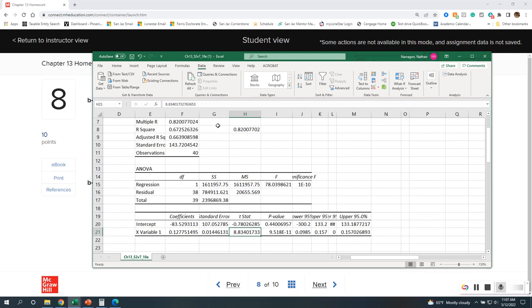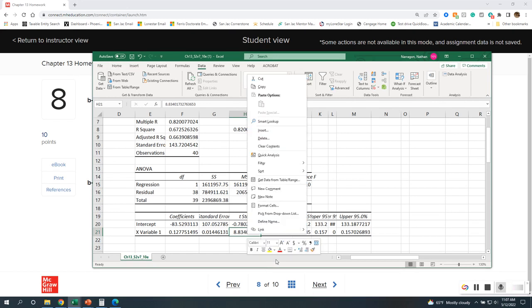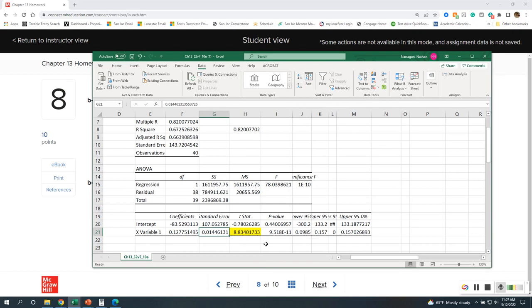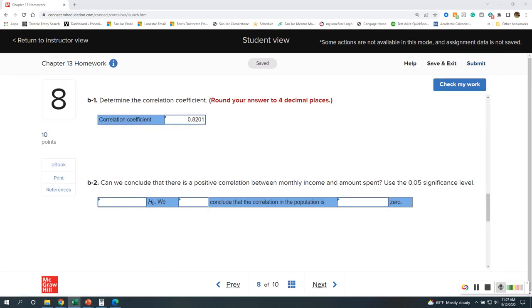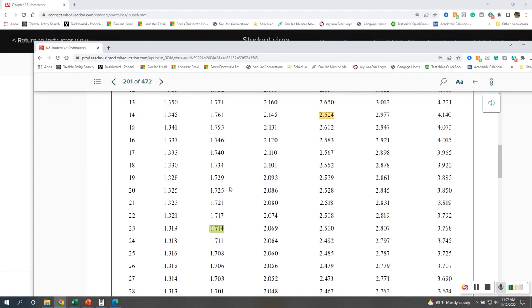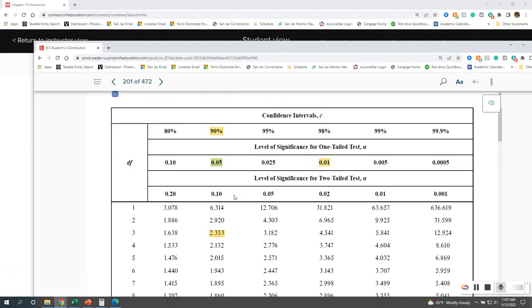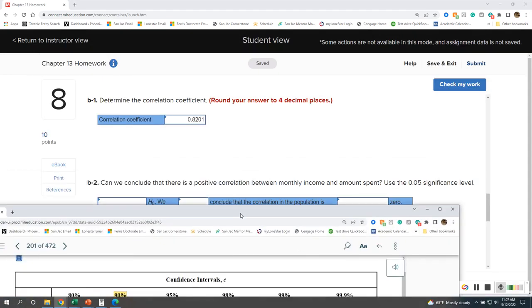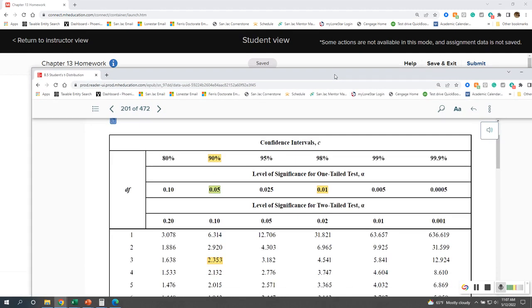But right here, let's go, right click, is our calculation. We don't have to do the calculation, it's right there. All we got to do is find the critical value. So again, take our lovely T-chart. We know our degrees of freedom, n-2, is 38. We are using a 0.05 significance level.